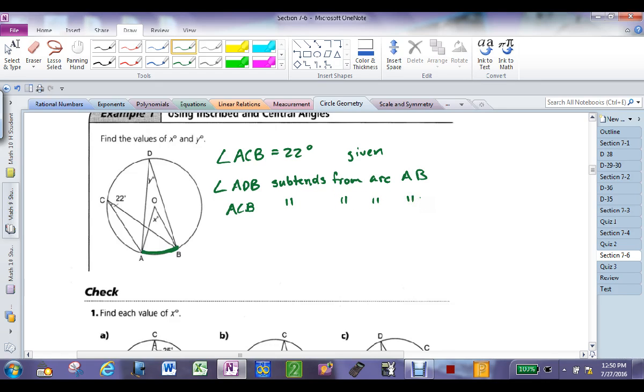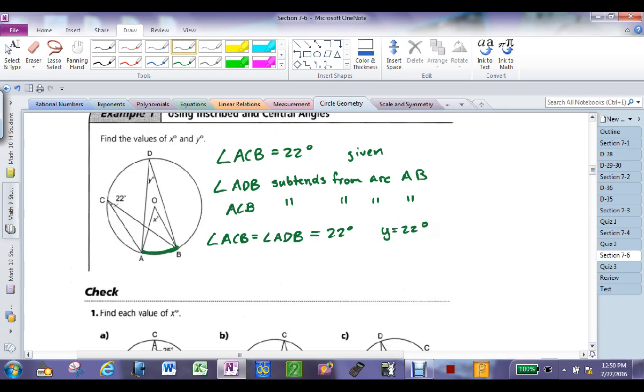Are they the same arc? Yes. So what does that mean? ACB must equal ADB, yes? And what is that? 22. So that means y equals 22 degrees.